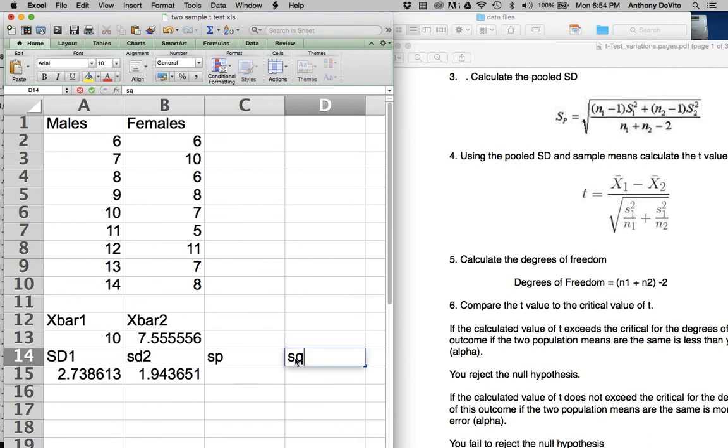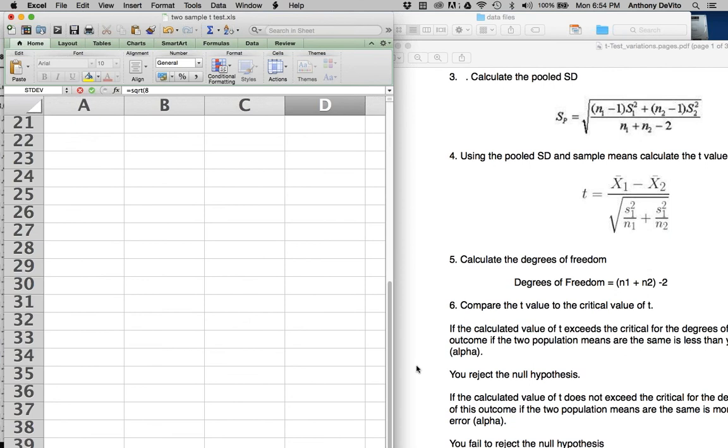That's going to be equal to the square root of, okay, now it's going to get a little complicated here. n minus 1 for the first group is 8, times the standard deviation of group 1 squared. So here's group 1. Whoops, forgot to put an equal sign in there. Let's see if we can do this without messing it up.